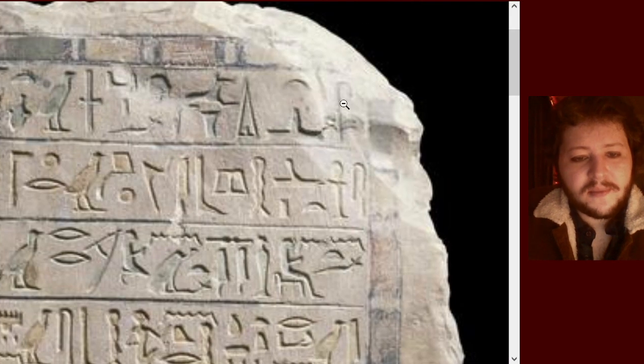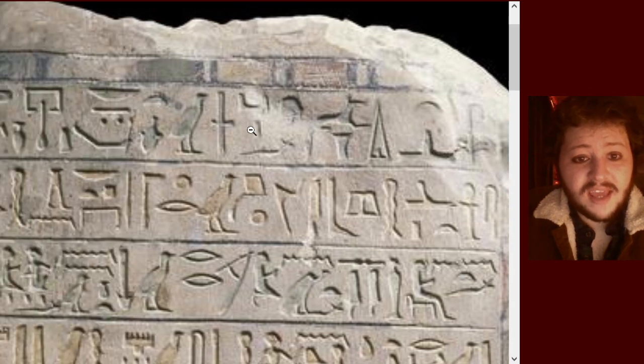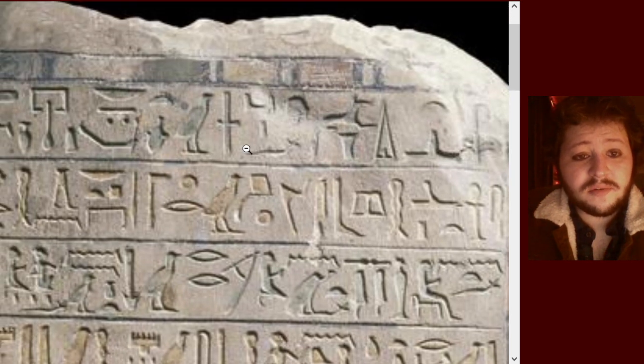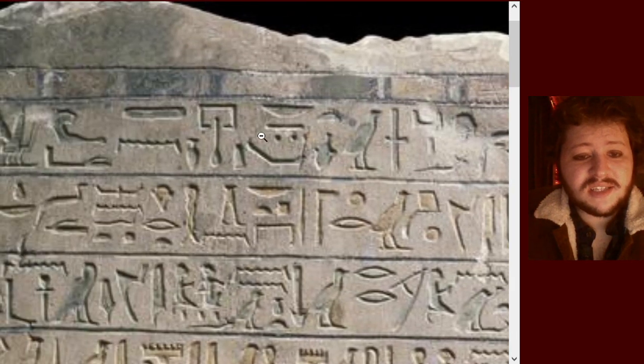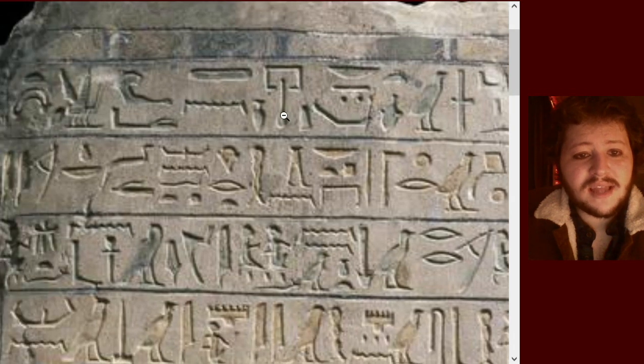So far we've got an offering given by the king, or on behalf of the king, and Anubis, who is on his mountain, wrapped in bandages, lord of the sacred land.